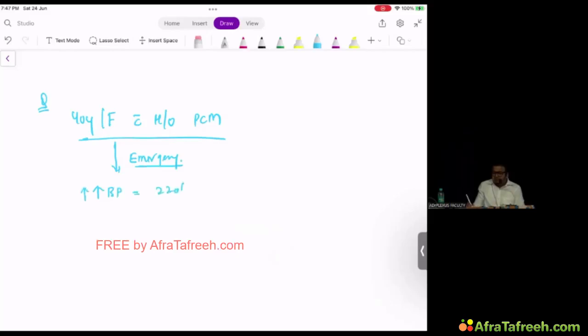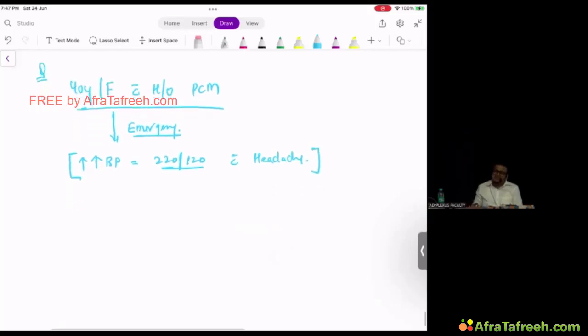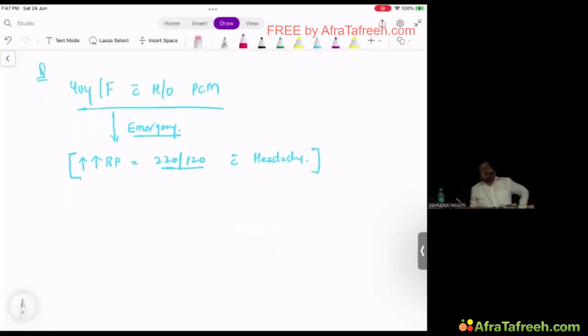BP was 220 by 120, along with severe headache. So this is how the patient presented. She came to emergency, BP was found to be very high. She was having severe headache, palpitations, sweating, other things.